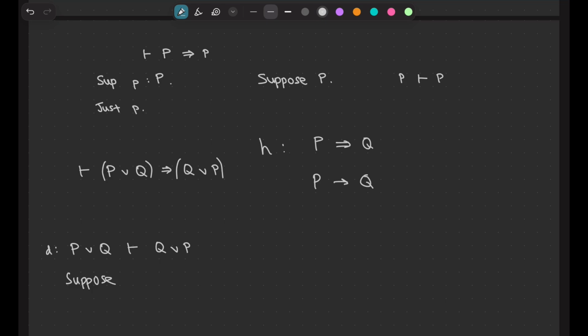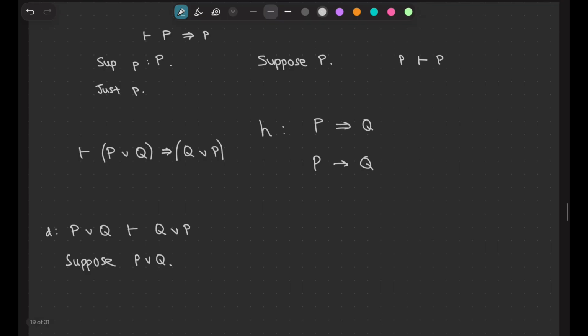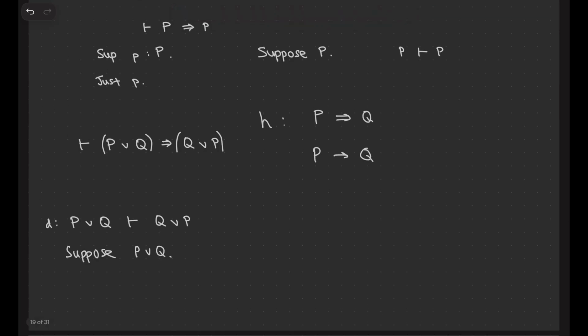At some point, we'll need to refer to these names because we'll need to do things to them. But for the time being, I could skip this. Suppose, informally, let's say. Okay, and now my goal is a disjunction, and my given is a disjunction. What do I do? Okay, who wants to attack the goal?